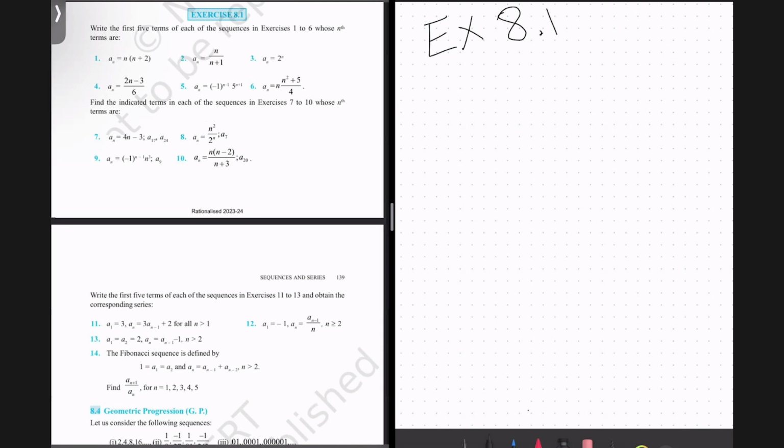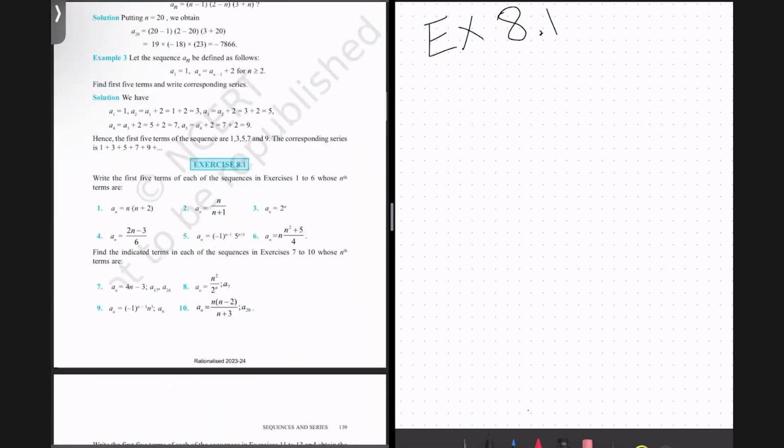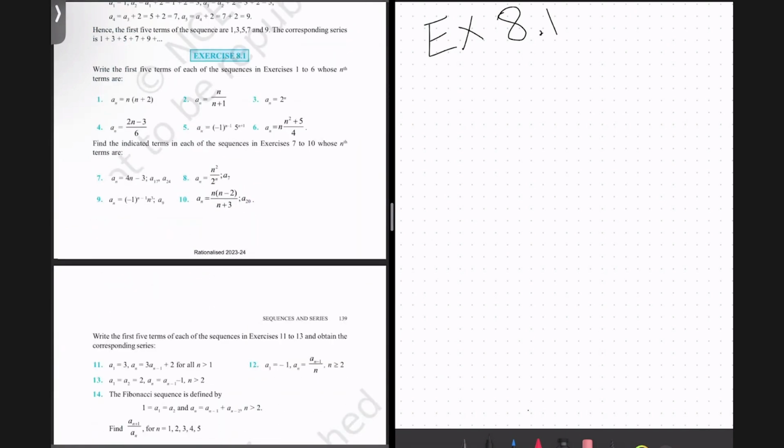The first part, the first 6 questions, are described in the first line itself, which says, write the first 5 terms of each of the sequences in exercises 1 to 6 whose nth terms are as follows, right?